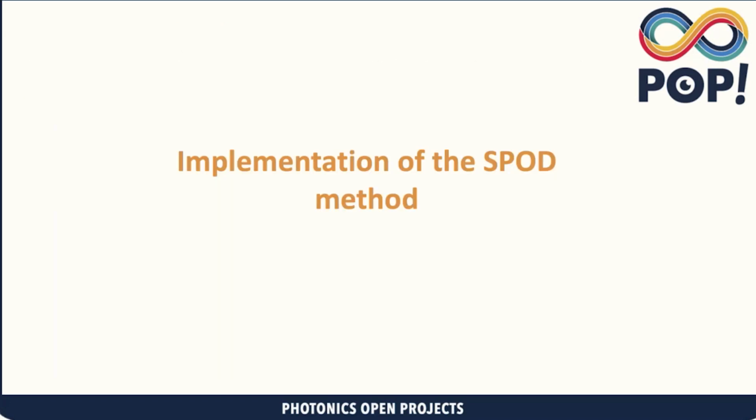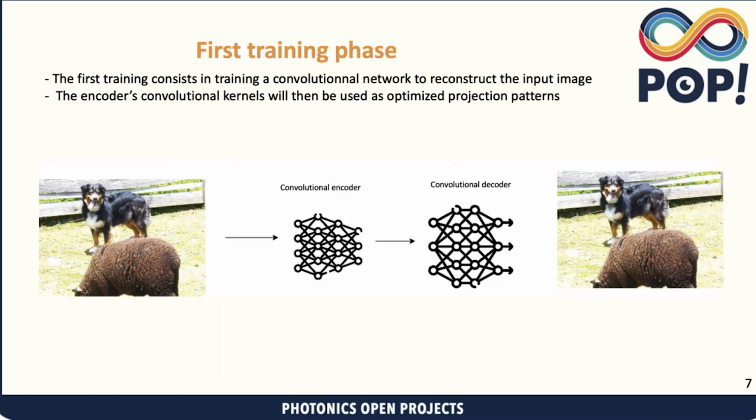To implement the method, we have to go through a two-step training. In the first training step, we train a convolutional encoder and decoder. The first one forms a compression of the image that is supposed to be decoded by the convolutional decoder. The main goal of the convolutional encoder is that during the training, it will optimize some convolutional kernels that will be used as the projection kernels during the measurement performed in the SPOD use case.